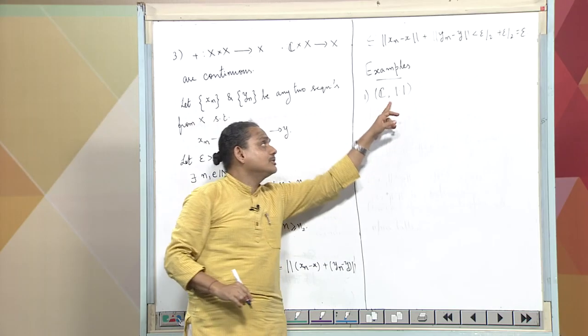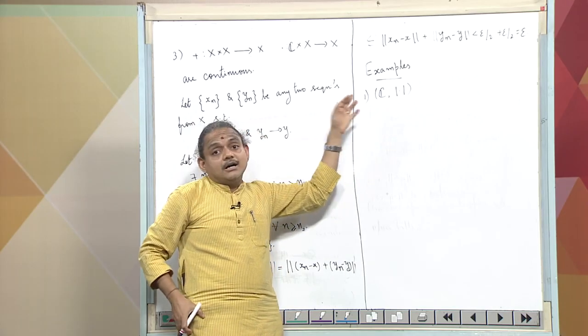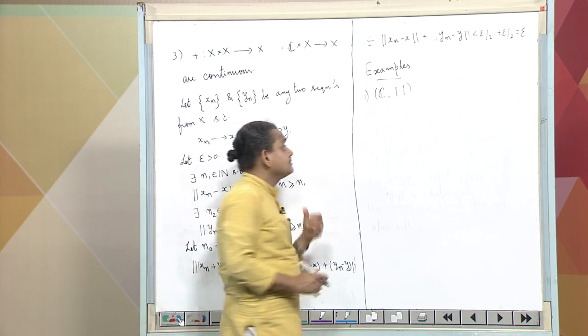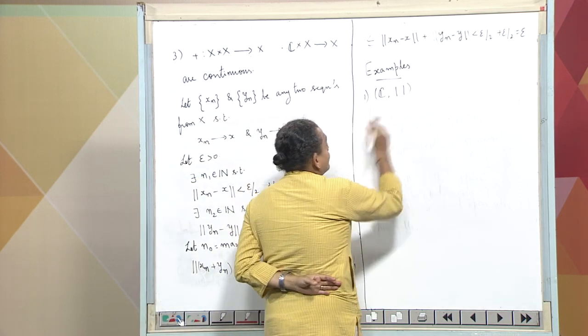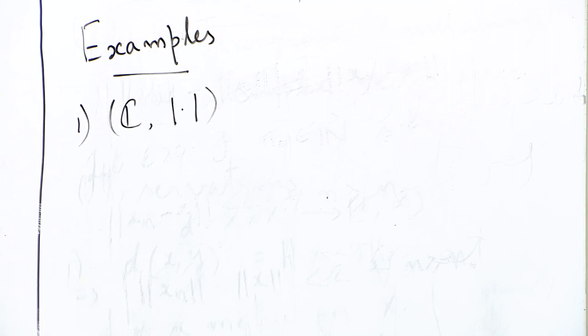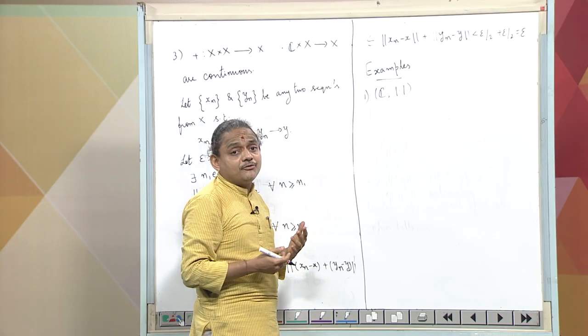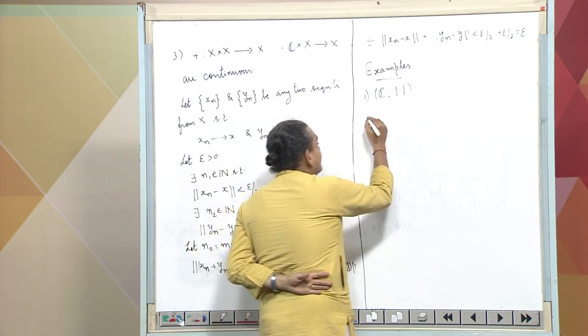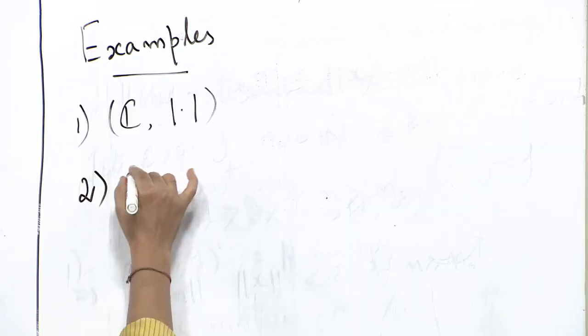This modulus is actually a norm on C. Well, the classical triangle inequality for the modulus, that is what we have generalized to a more general context of normed linear spaces. Now, let us do a more general example.